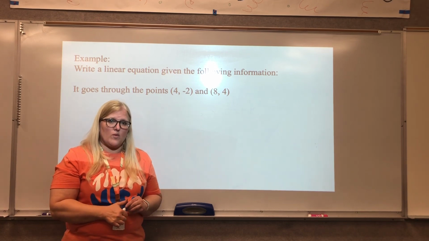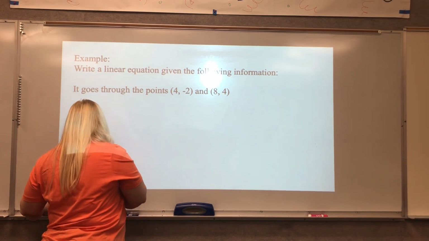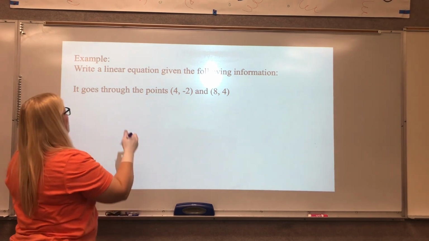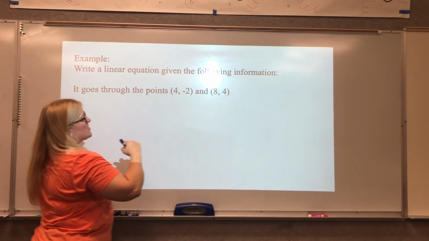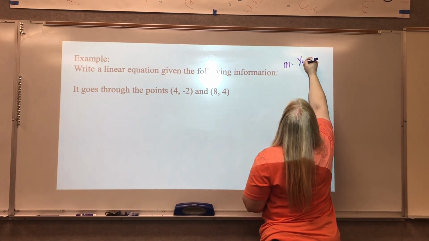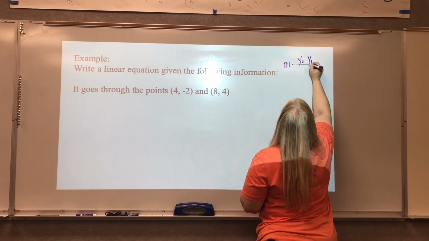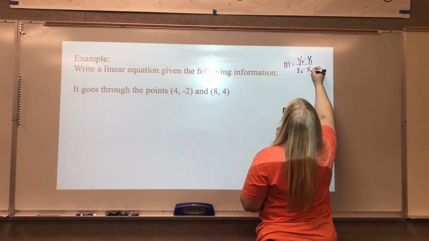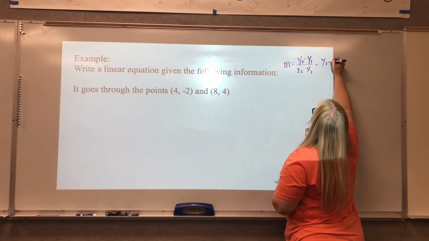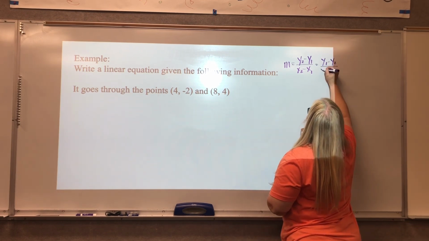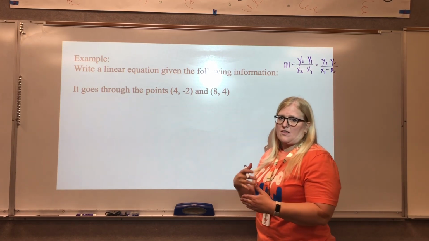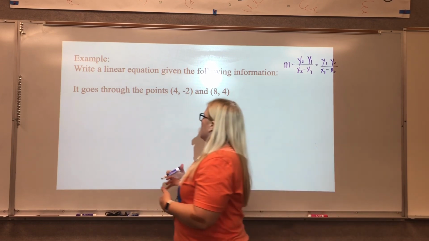So the first thing that we have to do whenever you're given 2 points is to find the slope first. The equation of a slope is m equals y2 minus y1 over x2 minus x1. It could also be y1 minus y2 over x1 minus x2. Just make sure you're using those coordinates in the same order.